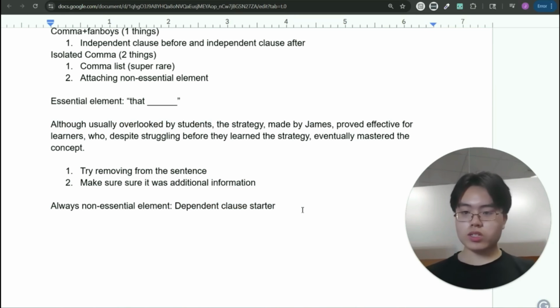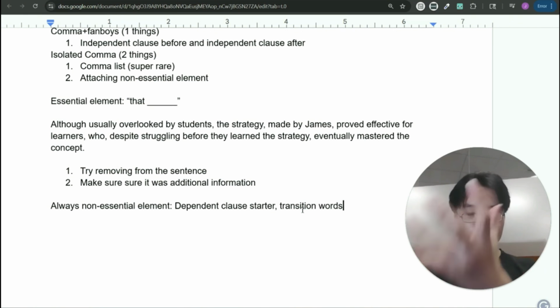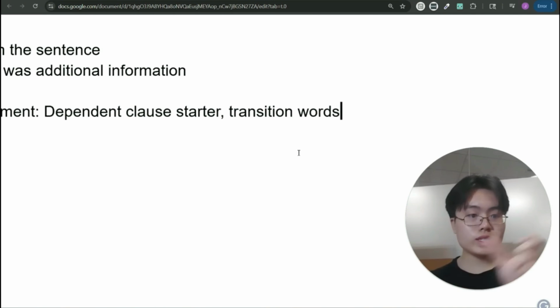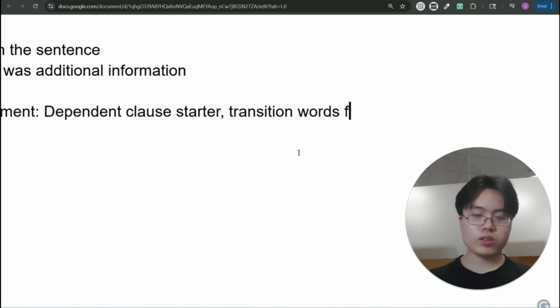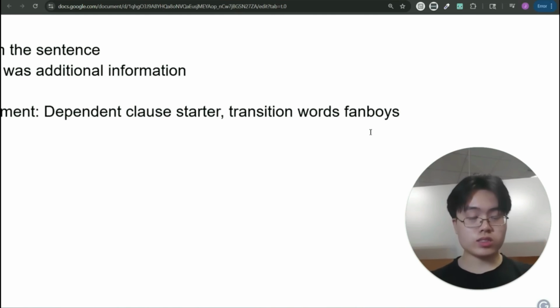The other thing that is always a non-essential element is transition words. I define transition words as anything that describes the relationship between two sentences. And you notice I said between sentences, not to be confused with FANBOYS: for, and, nor, but, or, yet, so. These describe the relationships within sentences, not between two different sentences. Transition words describe the relationship between sentences.